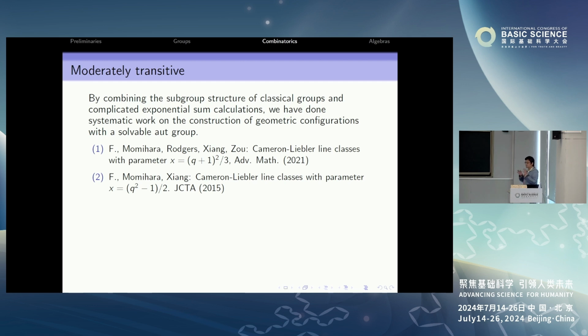Solvable usually means small, so the group order is small. We prescribe a particular solvable automorphism group and construct some interesting geometric structures. This includes the first family of Cameron-Liebler line classes in even characteristic.